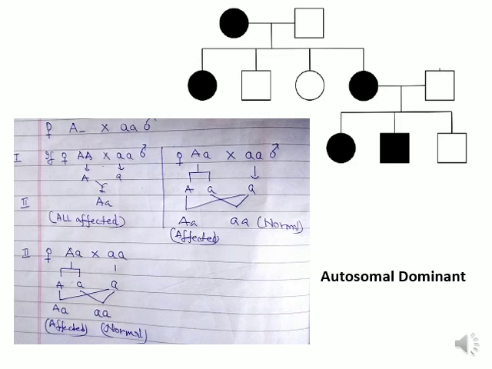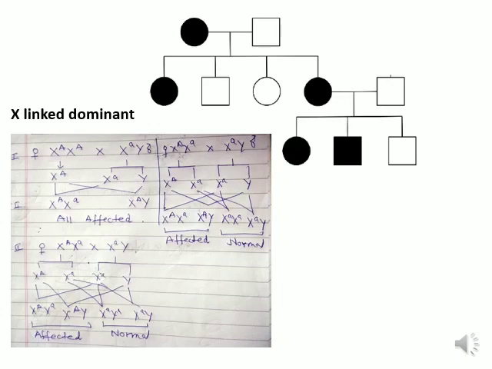So you can say that it is autosomal dominant, but again you have to check whether it is X-linked dominant or not. In X-linked dominant, the female must be heterozygous, not homozygous, because if it is homozygous, all the males and females will be affected. But here, the male is normal, the female is affected, and the female is normal also.